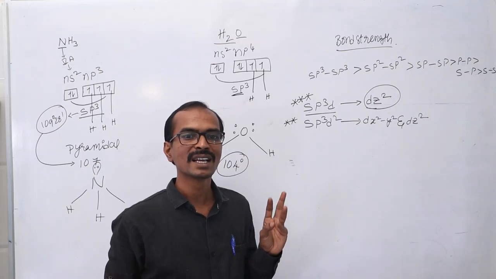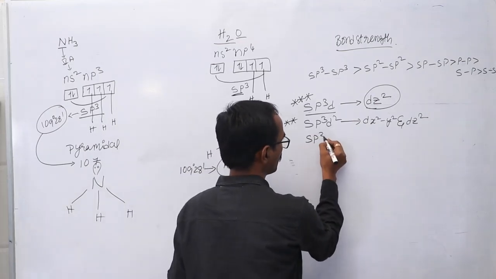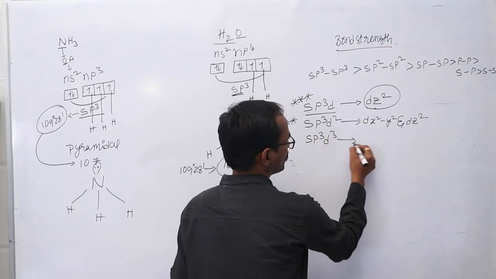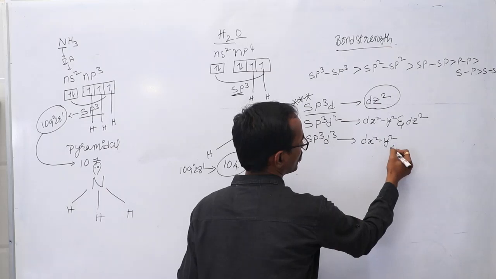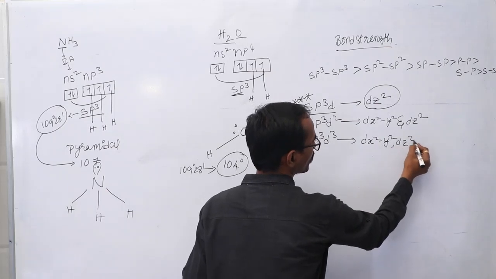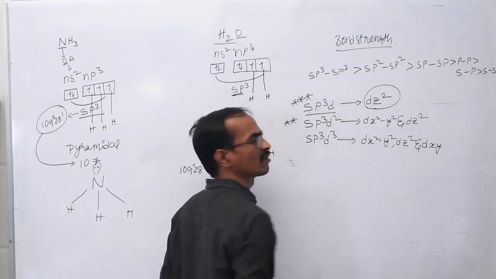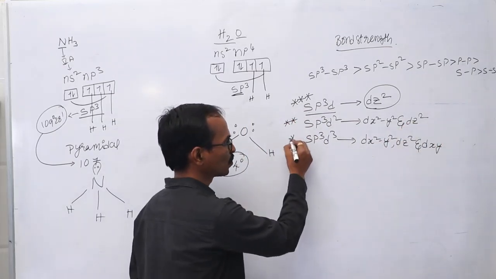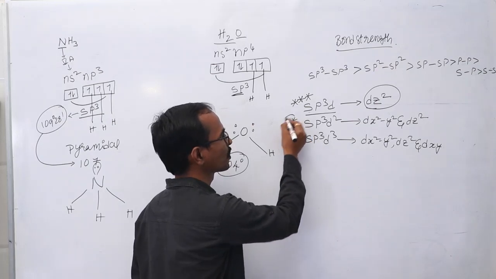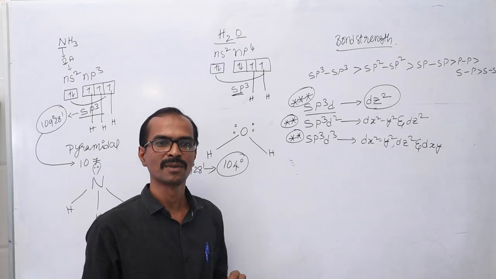Next, in sp3d3 hybridization, the same dx square minus y square, dz square and dxy orbitals are involved in the hybridization process. These are the most important points for the different competitive examinations.